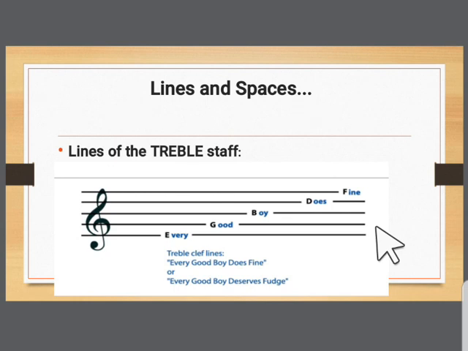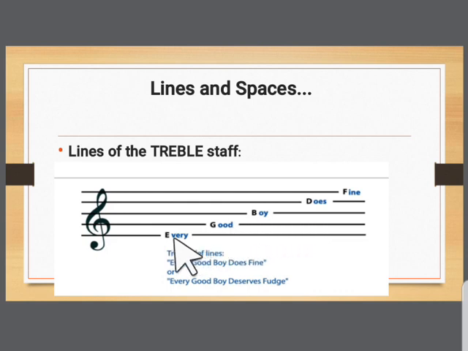So for you to understand and remember it very easily, we are going to use some words to stand for the names of the lines, and we will do the same for the spaces. For the lines, the first line is E, the second line is G, the third line is B, the fourth is D, the fifth is F. So we will use words that start with the names of the lines to help you remember them.